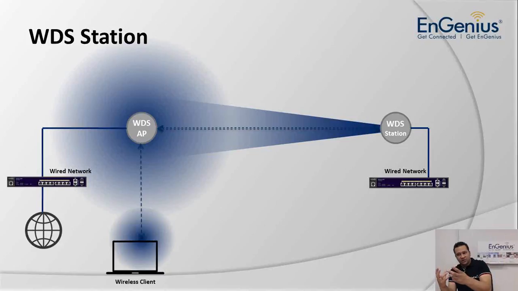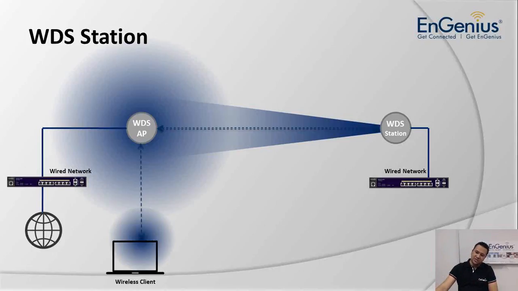You have to use WDS Station if you want to make a connection to a WDS AP, because Bridge will only link to Bridge, and WDS AP normally only links up to another WDS AP to become one AP. Sometimes this is not what you want, and if you want to have a separate connection to a WDS AP, then you have to use WDS Station.